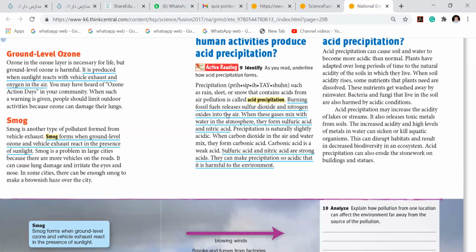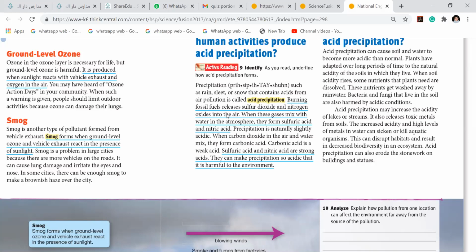When these gases mix with water in the atmosphere, they form sulfuric acid and nitric acid. Sulfur dioxide will form sulfuric acid, whereas nitrogen oxide will form nitric acid.